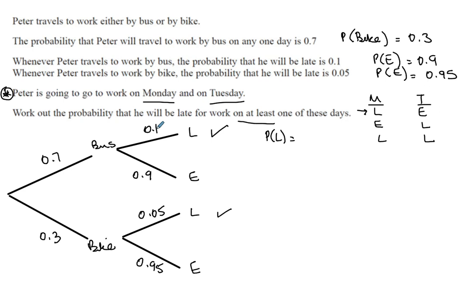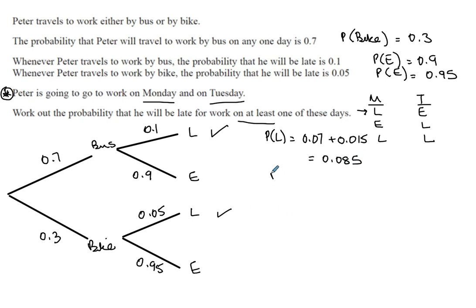0.7 times 0.1 is 0.07 plus 0.3 times 0.05 is 0.015, and when you add them up you get 0.085.